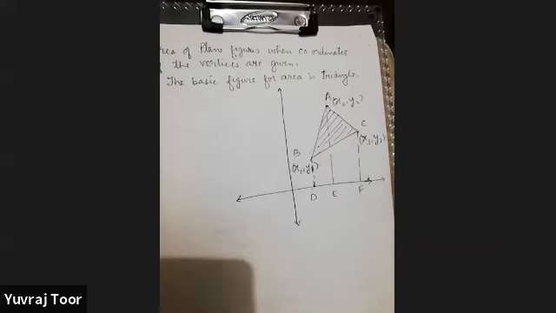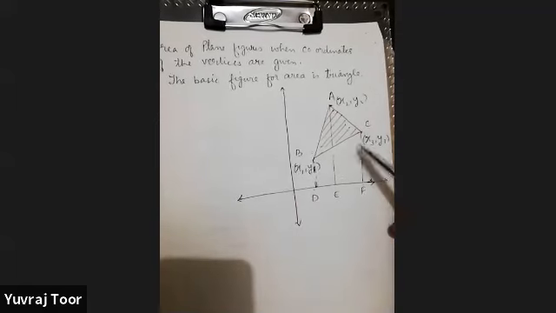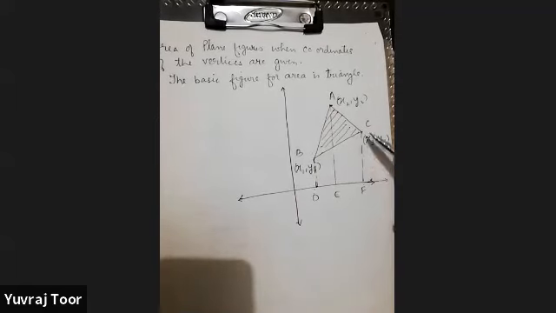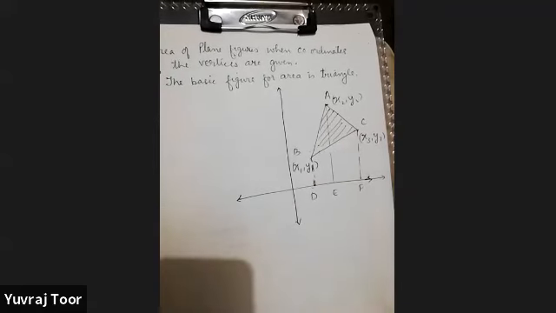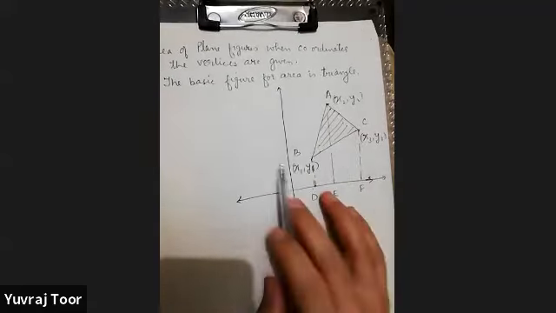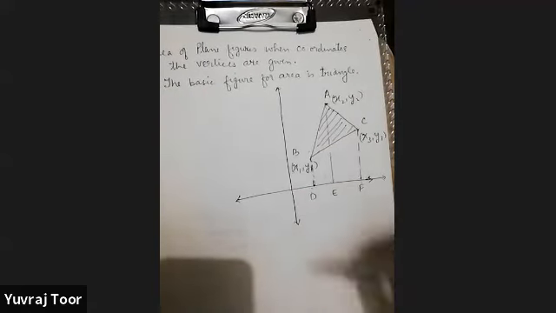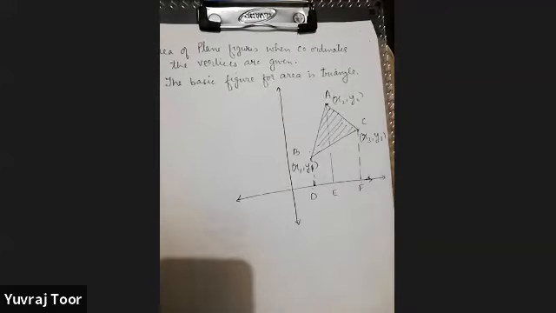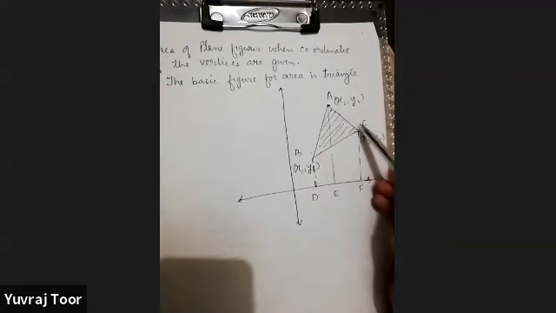Because if you look at the trapezium BDEA, or the other one, AEFC, in the very beginning I told you that in coordinate geometry, we should know horizontal and vertical distances. When you look at this figure, it has more of the inclined sides.